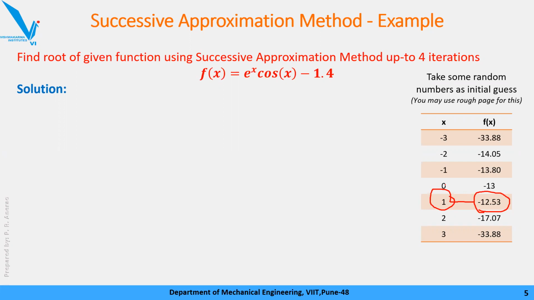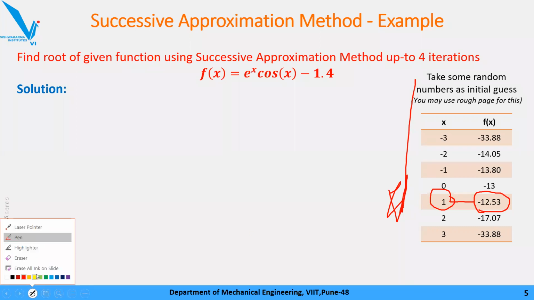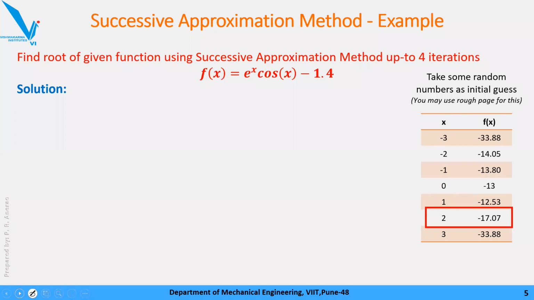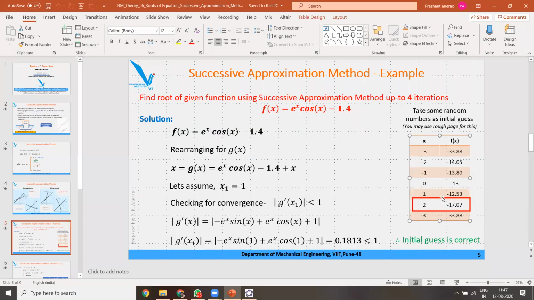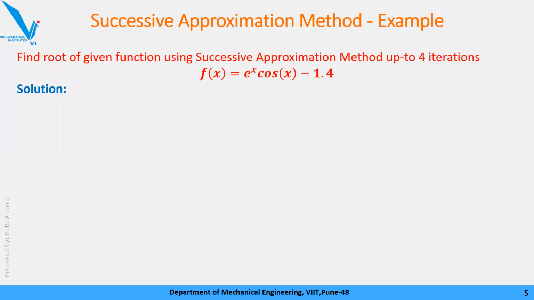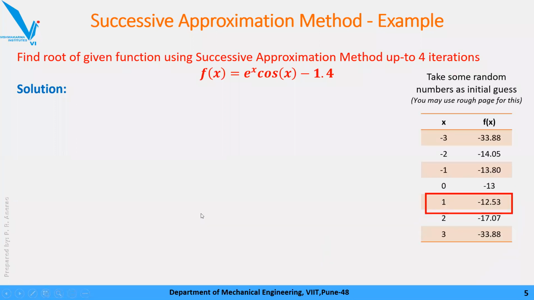So always all of us should get the same answer, that's why we are going to follow this procedure. So everyone's answer next time should be the same. So our initial guess is 1.